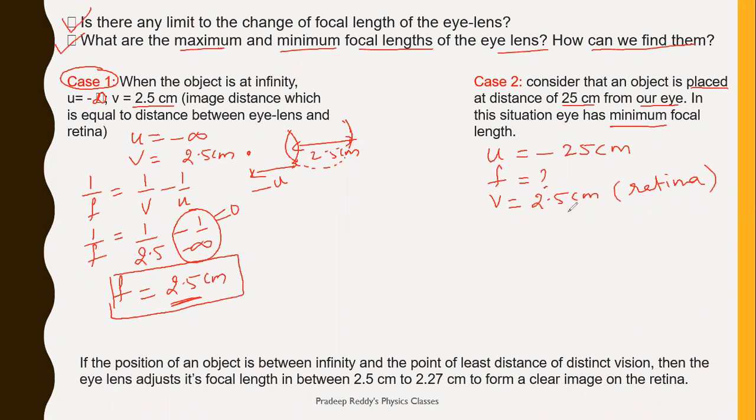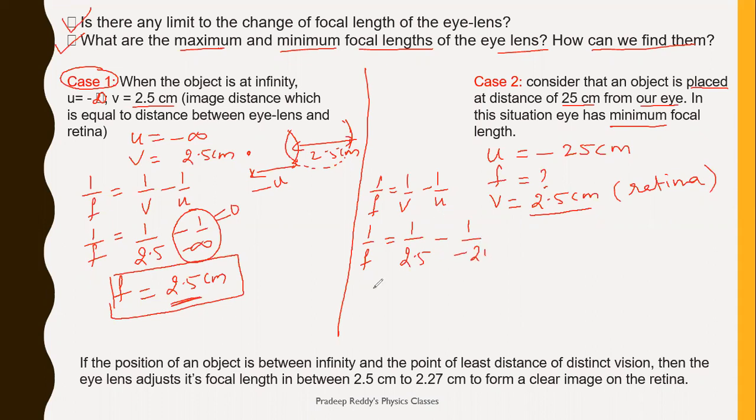Therefore, the image distance is constant, always 2.5. Now, using this, I can write 1/f = 1/v − 1/u. 1/f = 1/2.5, as the right side is positive, the sign convention is also positive, minus 1/u, where u is minus 25 centimeter.